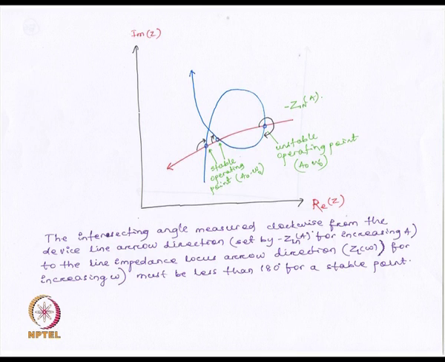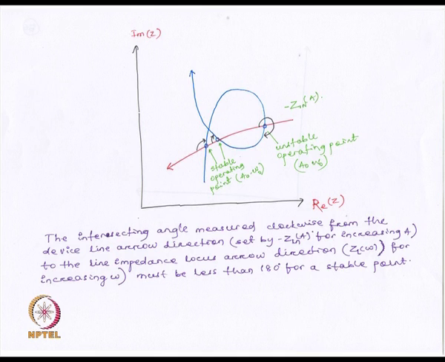If the angle between the tangents of the two curves at the point of intersection is less than 180 degrees, then the oscillation is stable. If the angle is greater than 180 degrees, then the oscillation is unstable.